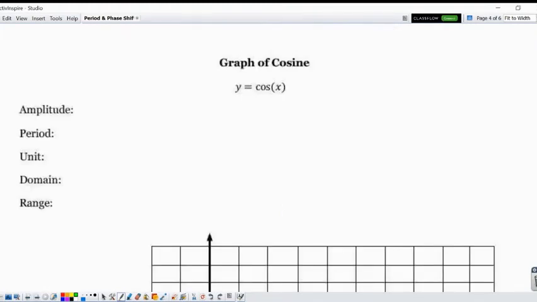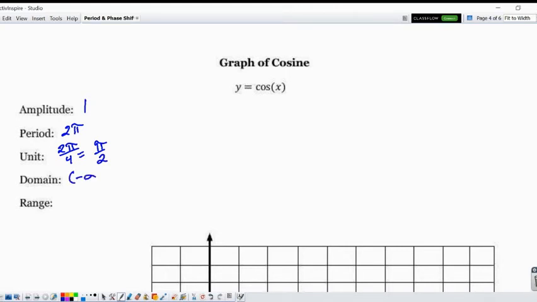All right, and last we're going to put the period change and the phase shift together with our cosine curve. Just a quick review of cosine, amplitude of 1, period of 2 pi. Just as we mark the sine graph with marks every pi over 2, we would do the same for cosine, has the same period.